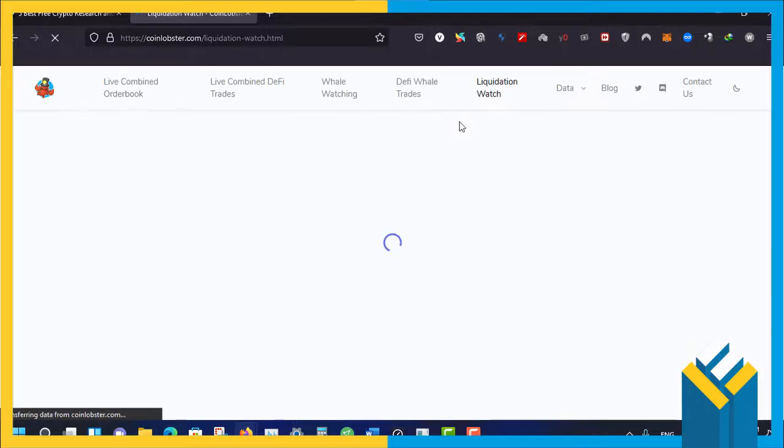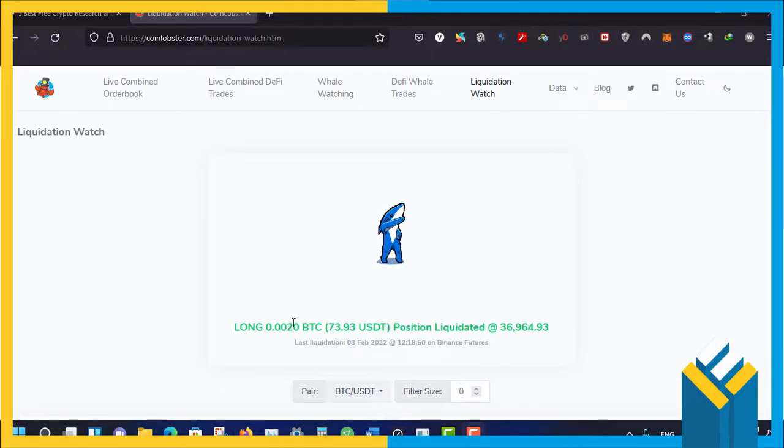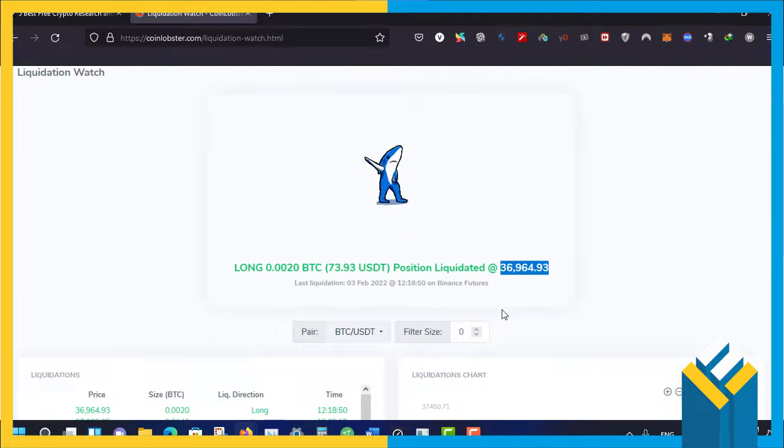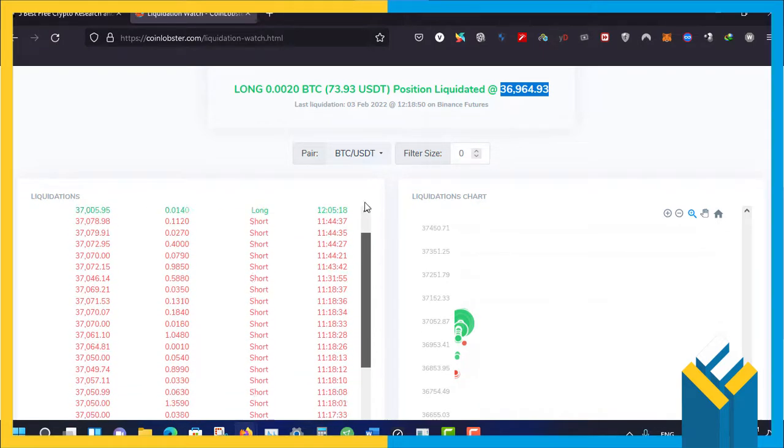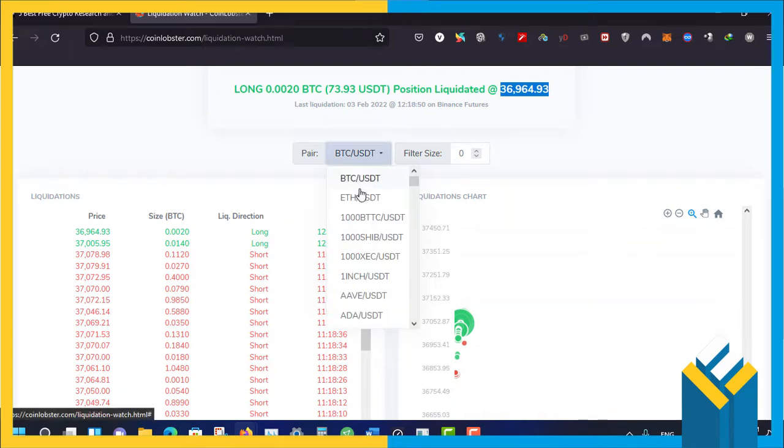Liquidation watch: a long position of this amount of Bitcoin, about 74 tethers worth, was liquidated at this price of Bitcoin, and these are the rest of them. The green ones are long positions and the red ones are short positions. As you see, this is the time of the liquidation, and you can check the pairs.